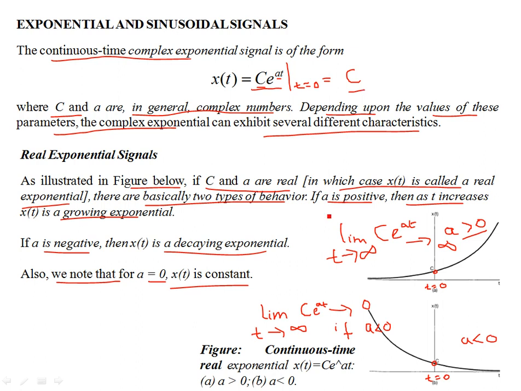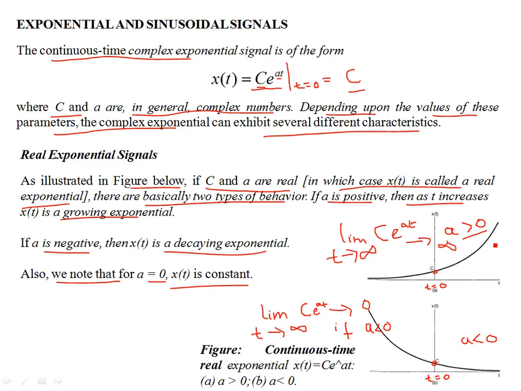The other thing to note is that these signals can model the behavior of certain physical phenomena or processes. For example, in the first case, it could be a population growth with time, or it could represent the complex chemical reactions or chain reactions taking place in an atomic explosion.